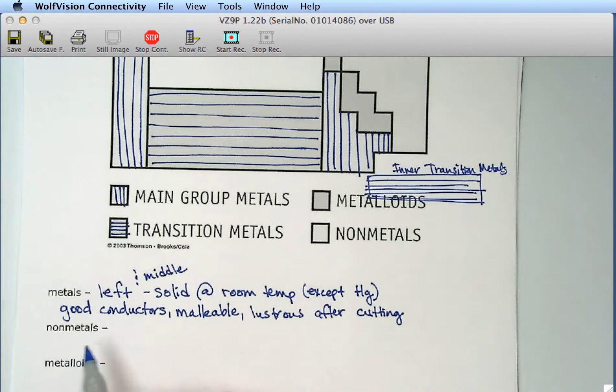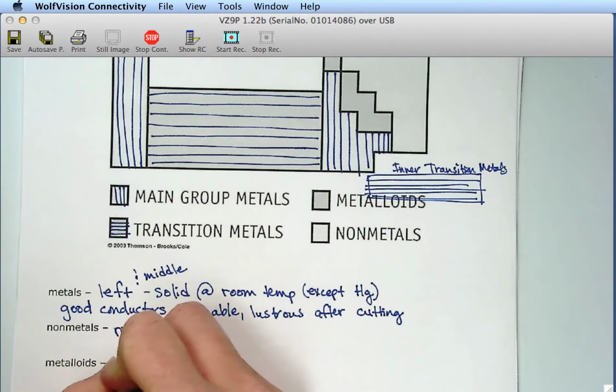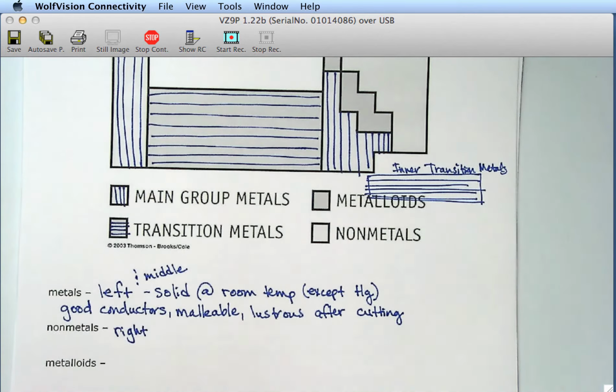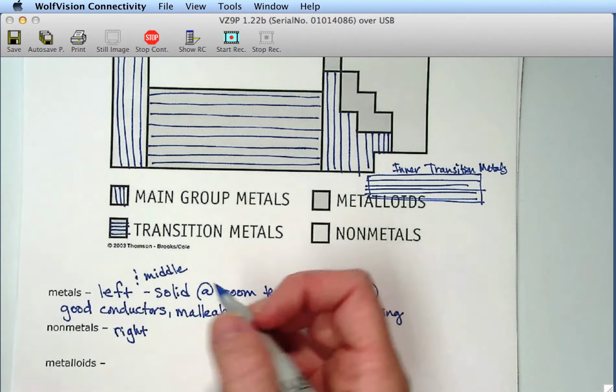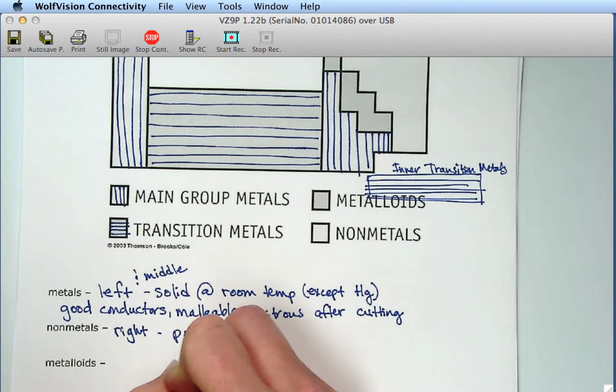So nonmetals can be found on the right of your periodic table. Nonmetals are poor conductors.